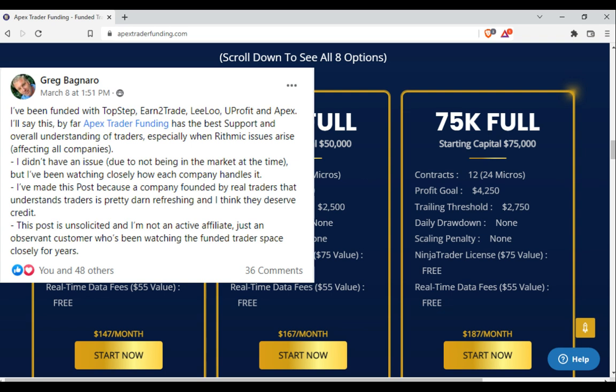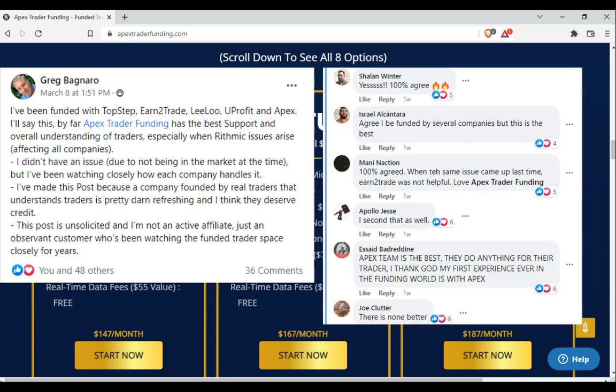Another testimony here. Actually, this is a group of testimonies from that same post, and everyone just started commenting. I think this post had over 30 comments. You've got Israel here saying, agree. He's funded by several companies, but this is the best.